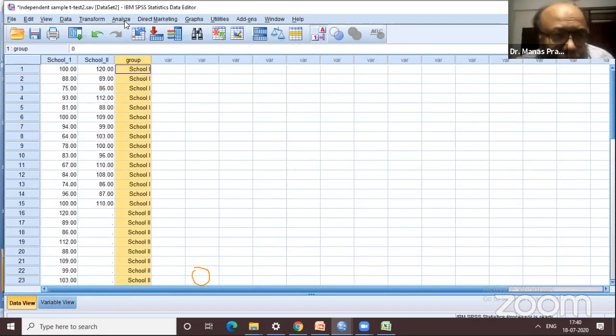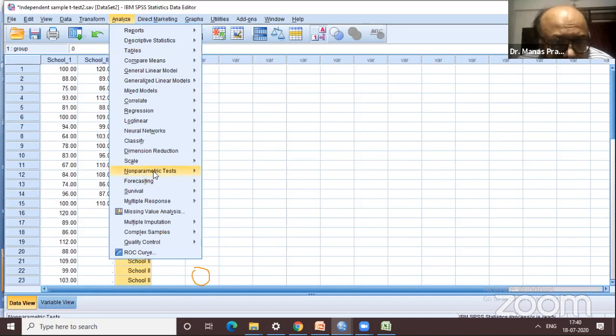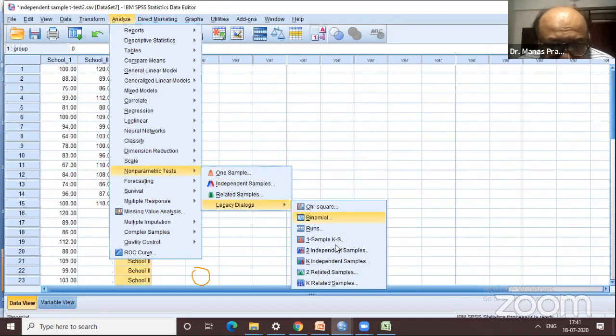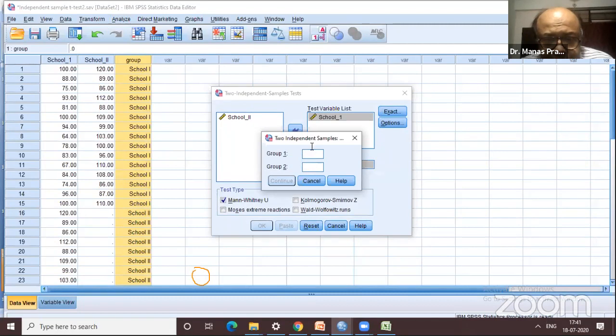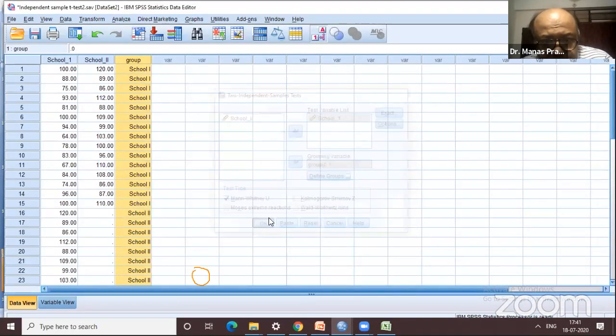Okay, so go to Analyze, go to Nonparametric Statistics, Legacy Dialogs. You see Two Independent Samples. Okay, click this. Then school one is this, and group is the same thing as in the independent sample t-test. So group 0 means school 1, group 1 means school 2. Fine.